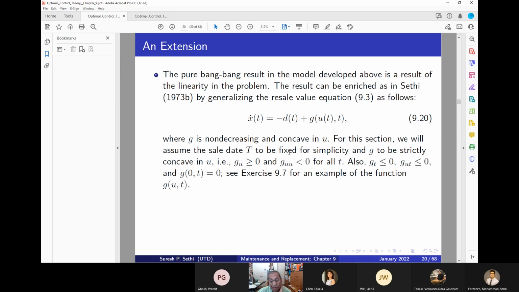Or rather, as more and more U is put in, the marginal value of the maintenance diminishes. For example, if you have a car and you spend maybe $100 every 6 months, or every 2 months, for maintenance, there is some value to that.